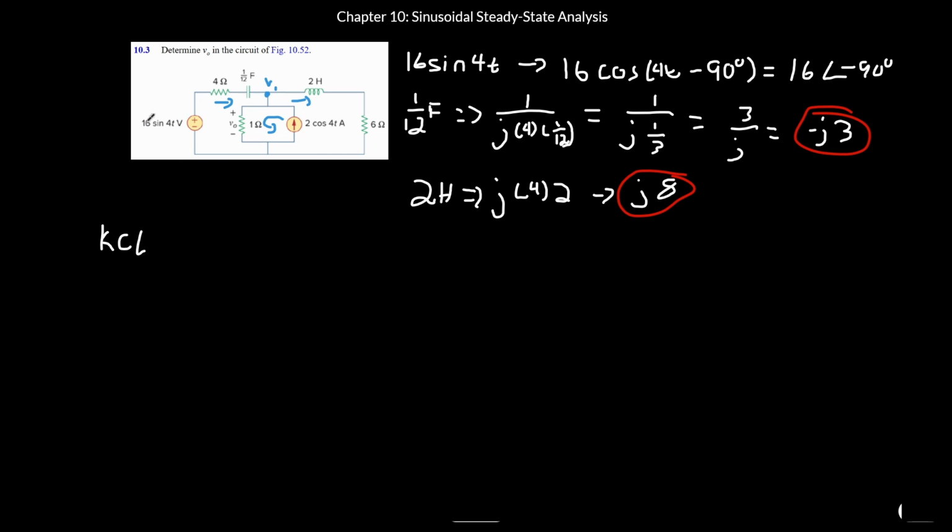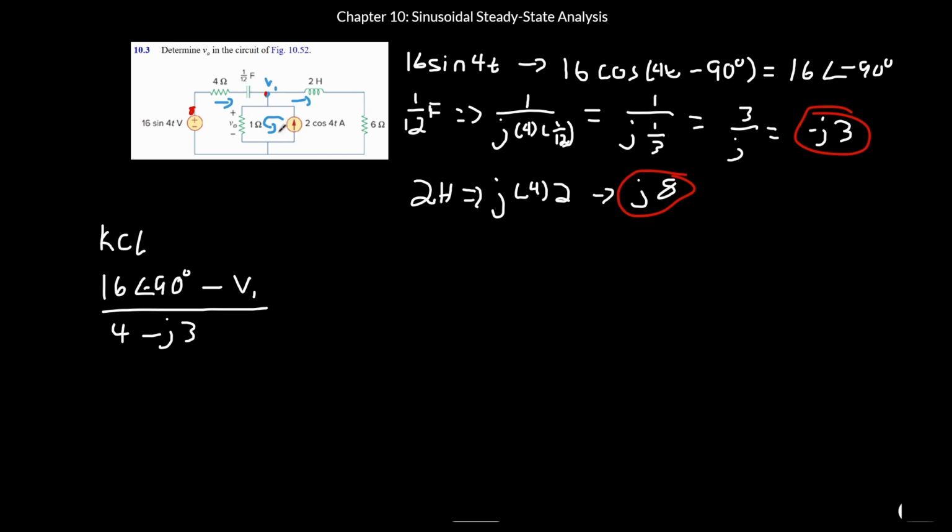So we want to take first our source. Source voltage will be 16 with the degrees of negative 90. And we want to determine between this point here and this point here. So we're going to subtract V1, and this is going to go over the resistor, 4 ohms, and also over the impedance of negative j3.